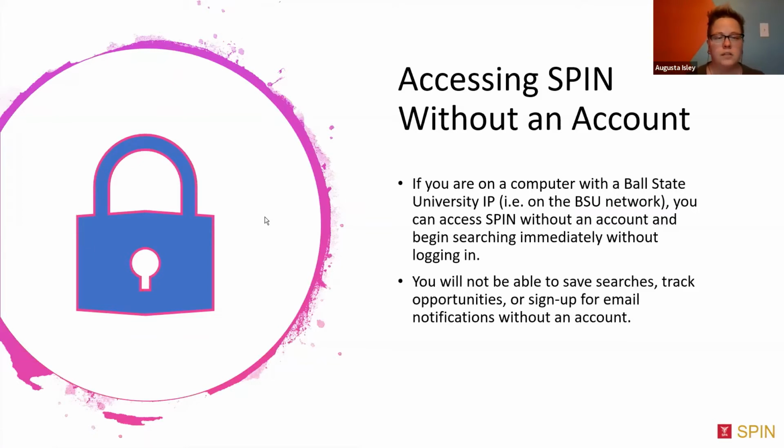With SSO, that's not so much a big deal, but if we have perhaps visitors to campus or somebody using the software from the library, they would be able to utilize SPIN and search without having to log in through SSO. They would just be able to access the software. So again, you can't save searches or track anything, but you can utilize it and find some funding opportunities.